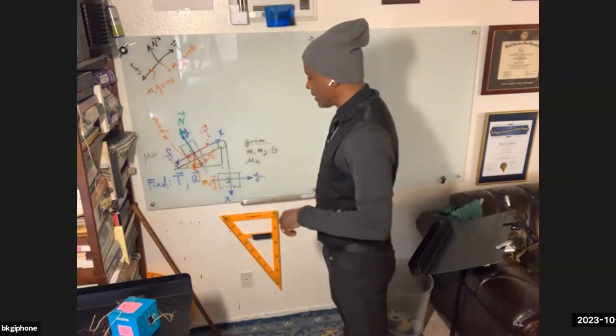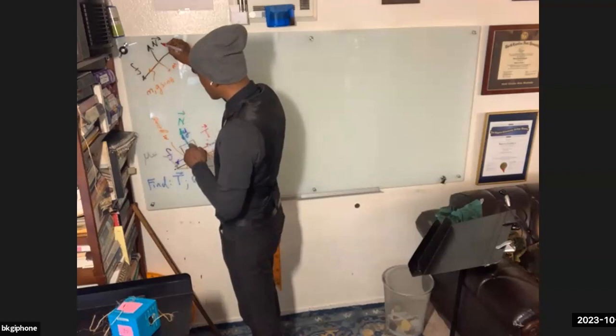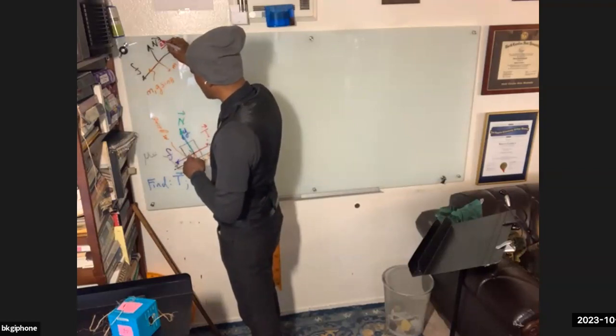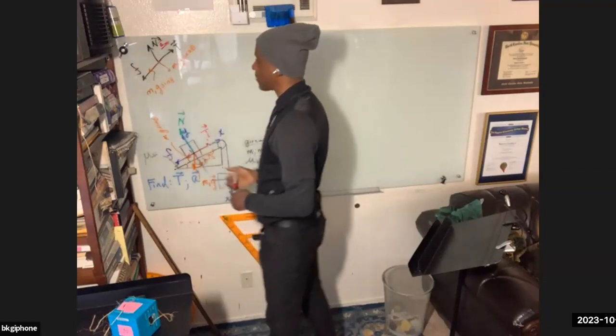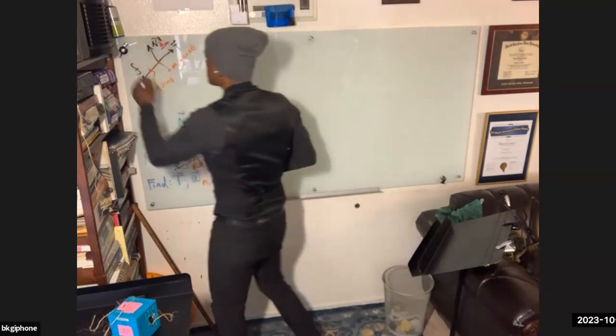Now the acceleration is up along the x direction. I'm just going to put something that'll represent the a, keeping in mind that that's the direction of the acceleration. So this is m1.